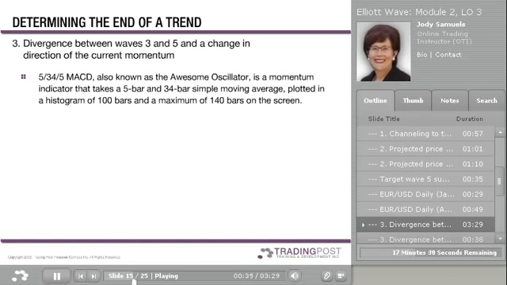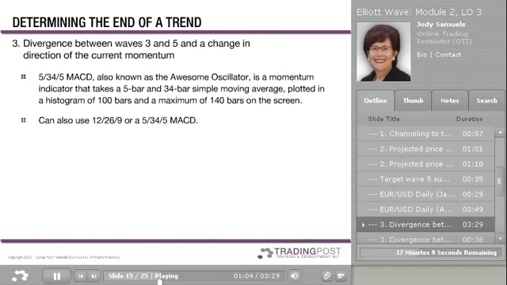If the wave under consideration occupies fewer than 100 bars, the MACD will be measuring the Elliott wave of a larger degree. If the wave sequence occupies more than 140 bars, the MACD will be measuring an Elliott wave of a smaller degree. You can also use a MACD with the standard setting or change the settings to a 5-34-5 to conform to the Awesome Oscillator.